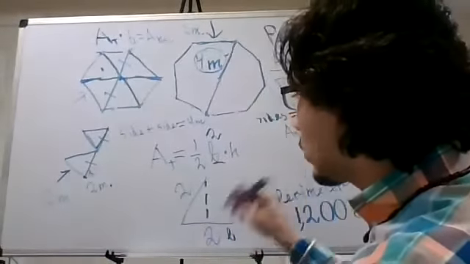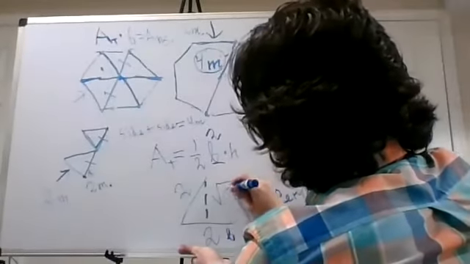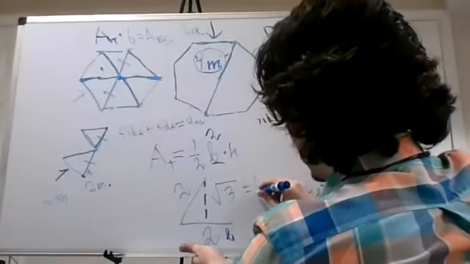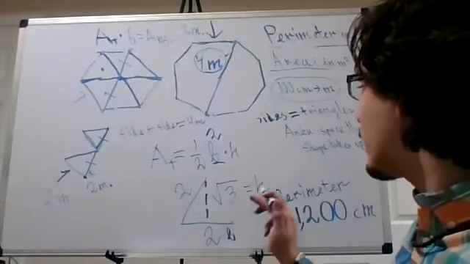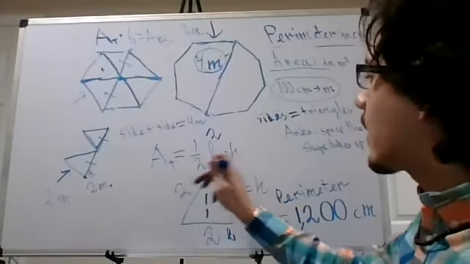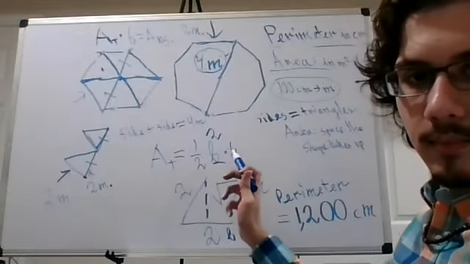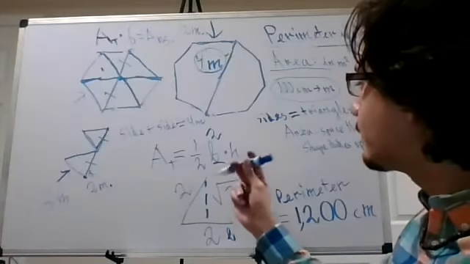So the height would be about the square root of 3. So now that I've given you the height and you know what the base is, can you do this equation, the area? Anyone?